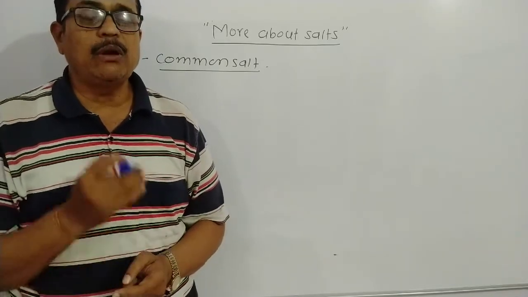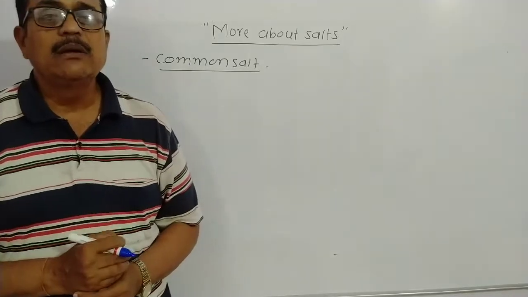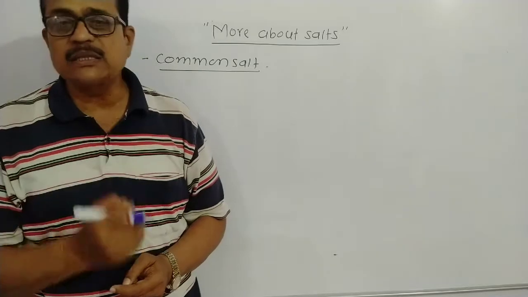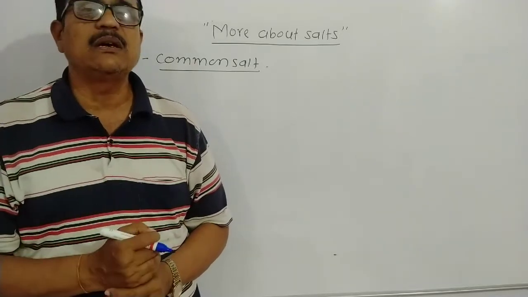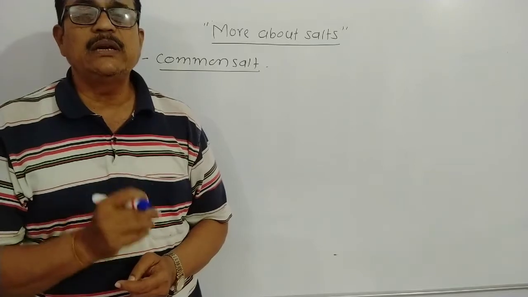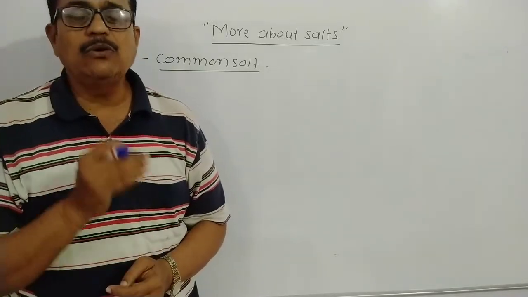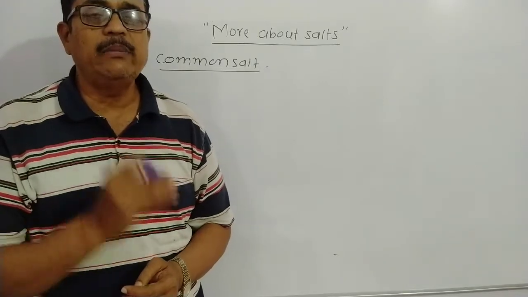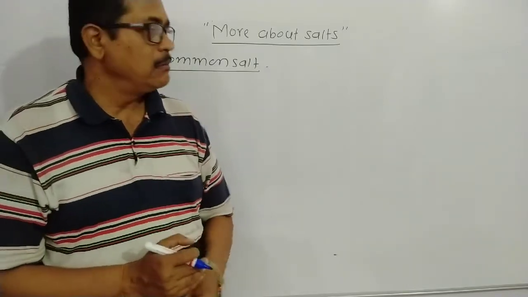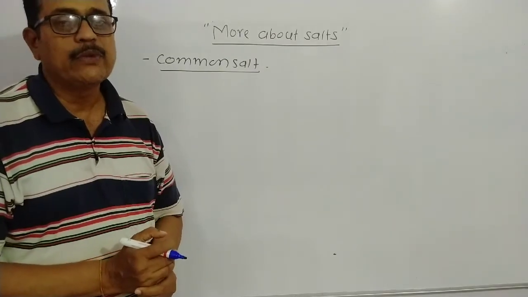Iodine is very essential in a little quantity, because it maintains the secretion of the thyroid gland and the mental ability of the person. In this way, common salt is very important to the human body.